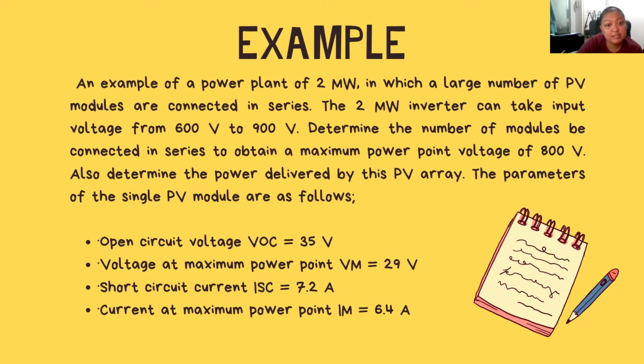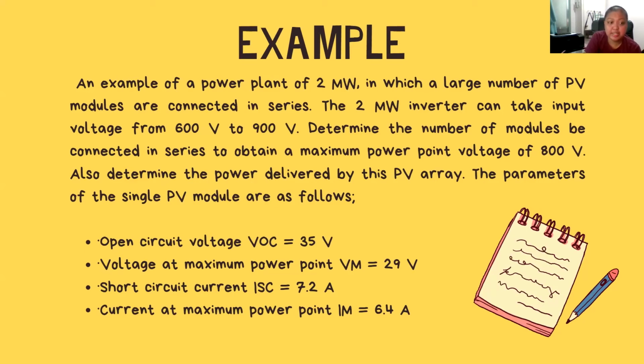The parameters of the single PV module are as follows. Open circuit voltage, or VOC, is equal to 35 volts. Voltage at maximum power point, or VM, is equal to 29 volts. Short circuit current, or ISC, is equal to 7.2 amperes. Current at maximum power point, or IM, is 6.4 amperes.